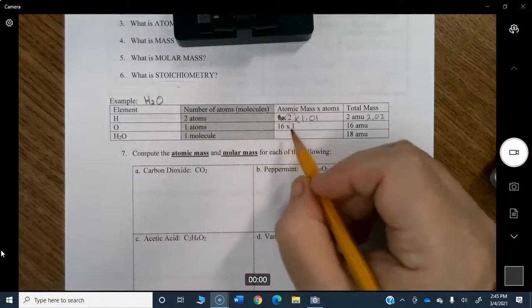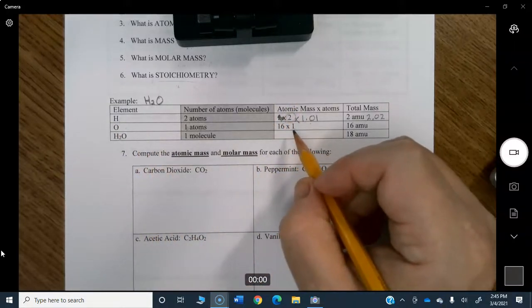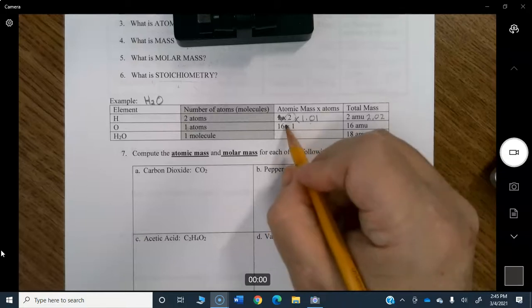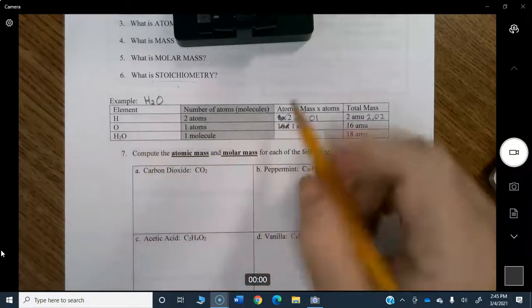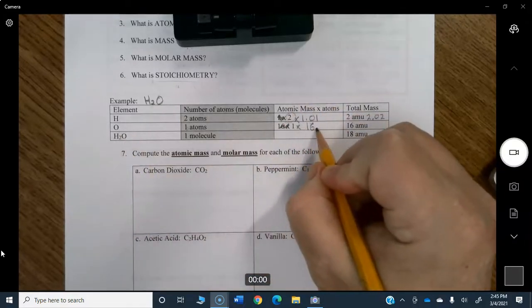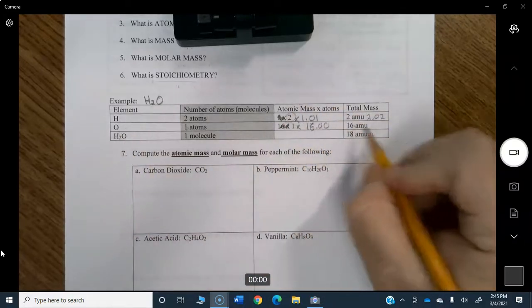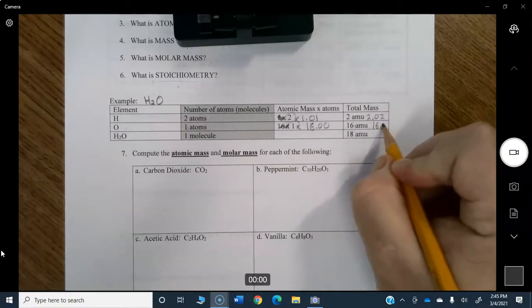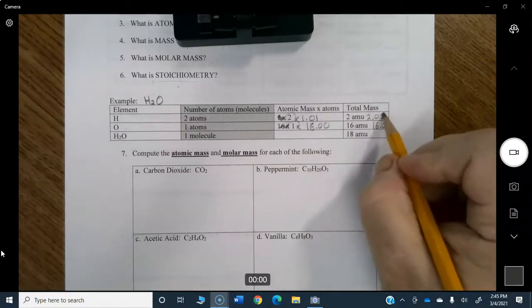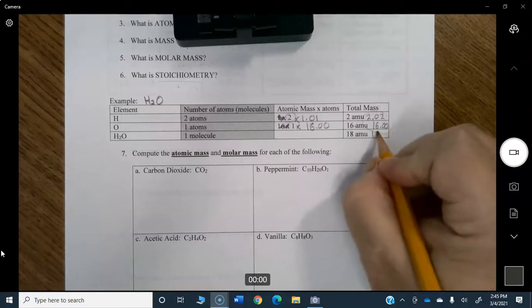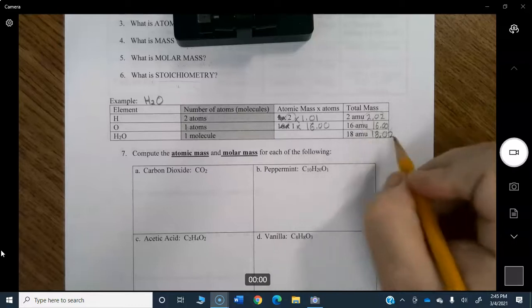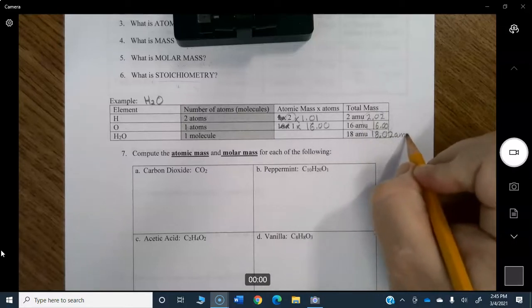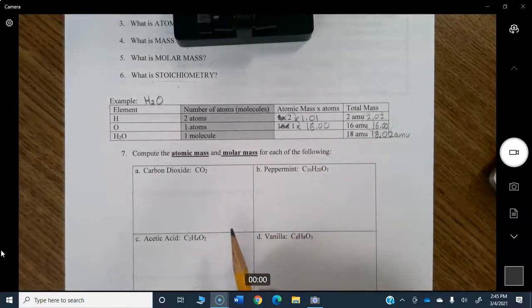For the oxygen, it's going to be 16.0, so I'm going to change that. There's 1 oxygen atom, and we're going to call it 16.0. It is 16, but it's 16.00. We're going to 2 decimal places. And when you add these 2 together, you get 18.02 instead of 18, and it's in atomic mass units. So that's the mass of a single water molecule.